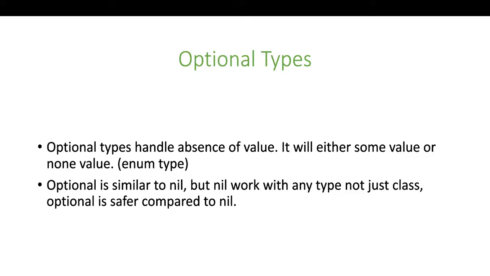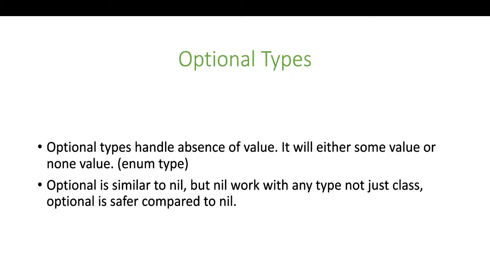Now optional data type. When you are not sure about a value, right? When you are not sure about any value, the optional type handles the absence of a value. An optional type has either some kind of value, or none. So this data type comes under enum types, right?